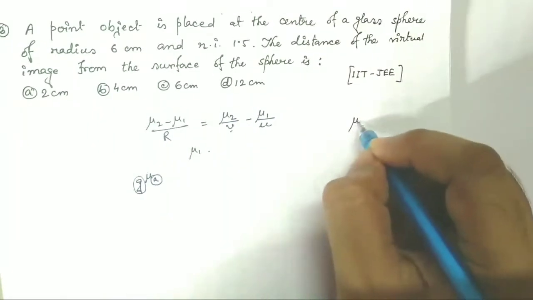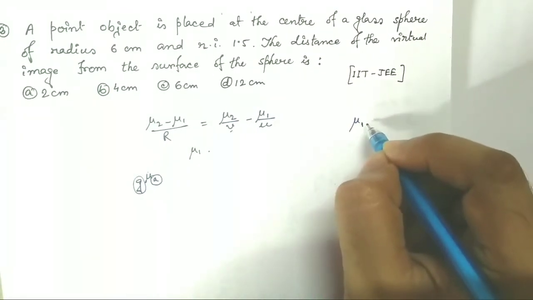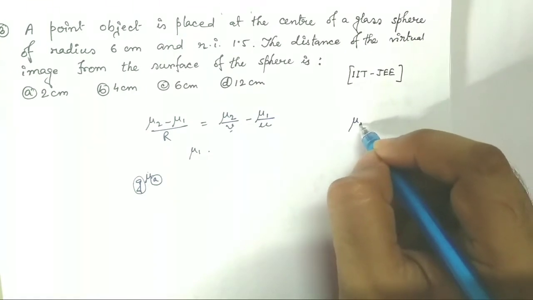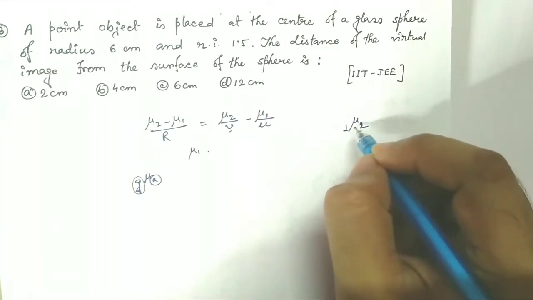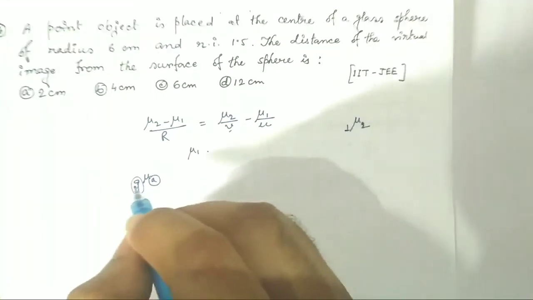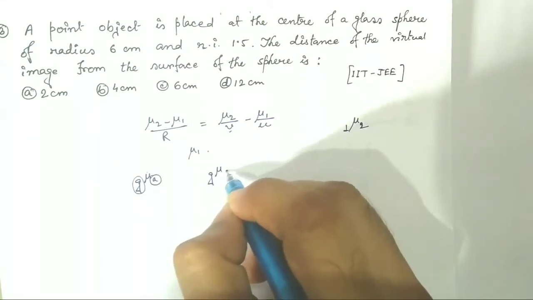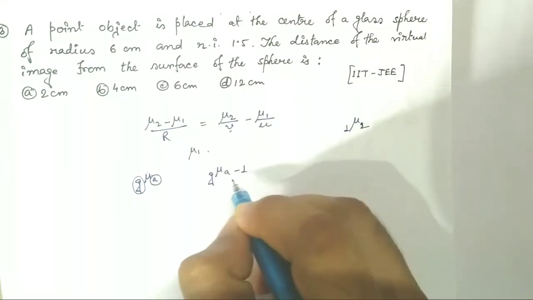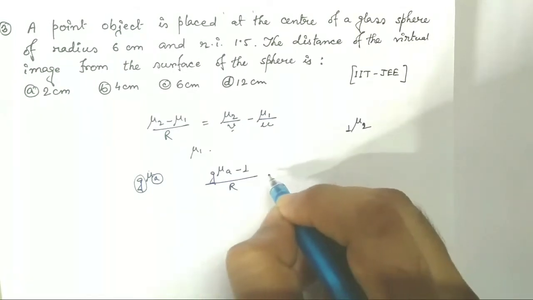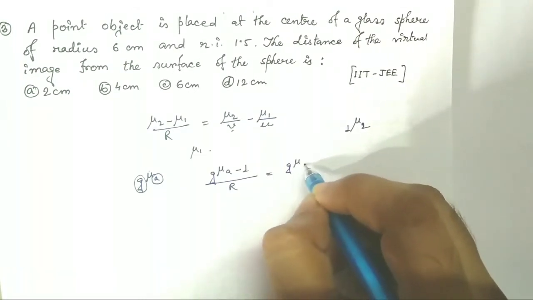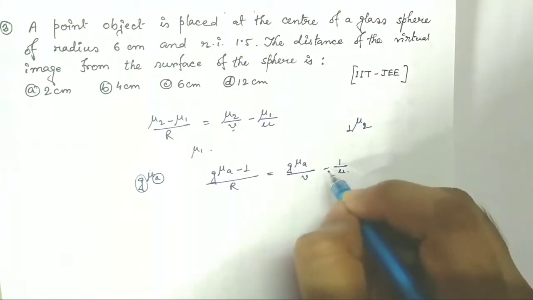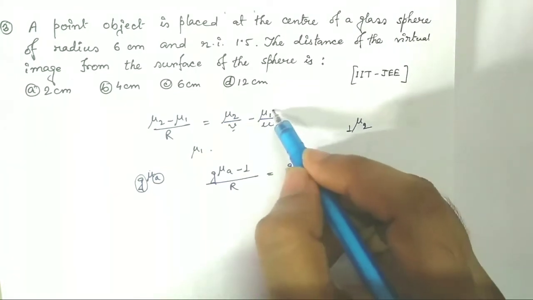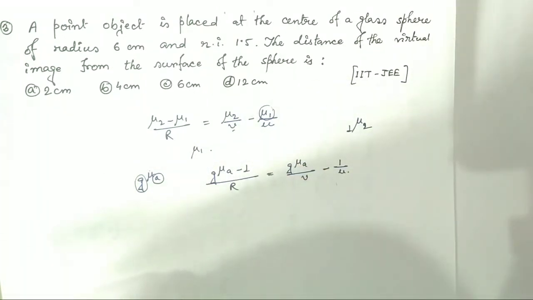Always write the second medium at the right side of the refractive index and the first medium, from which the light rays come in, on the left side of the refractive index. Now g mu a minus 1 divided by R equals g mu a by v minus 1 by u. Since the refractive index of air is 1.